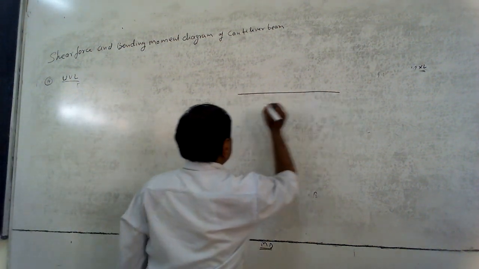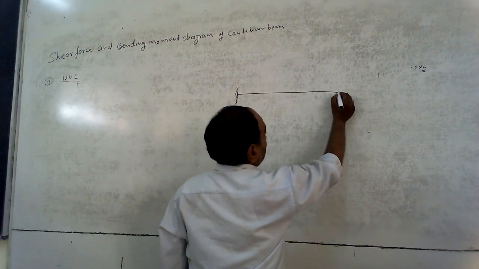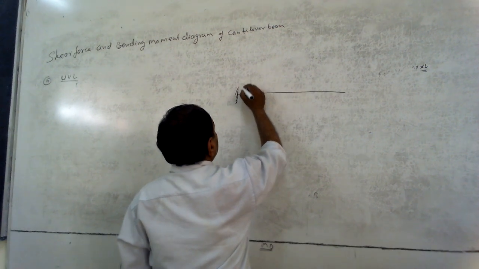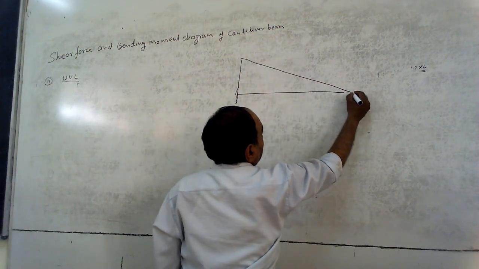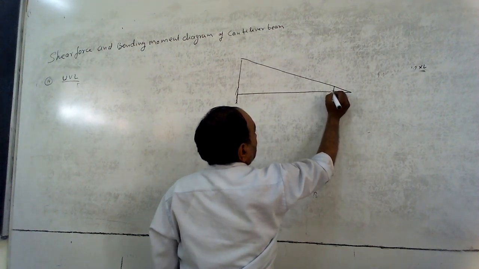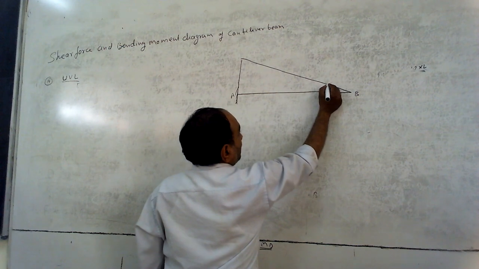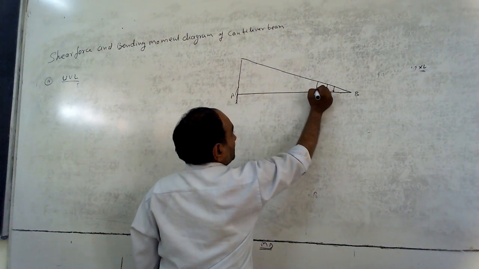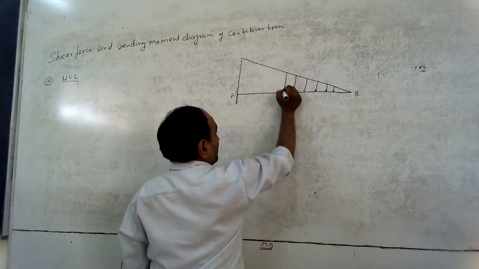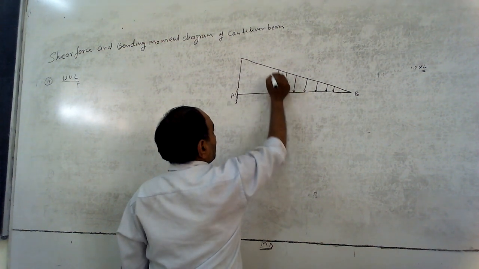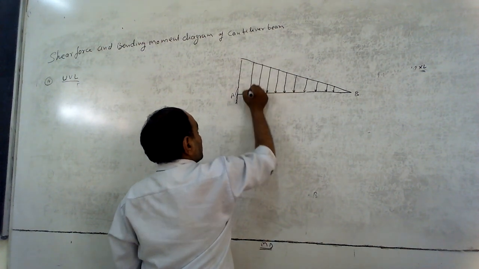For that, this is the cantilever beam. This is point A, this one is point B. The force is acting downward. I am considering only downward forces. It may be an upward force also, but here you have to consider this as a downward force.